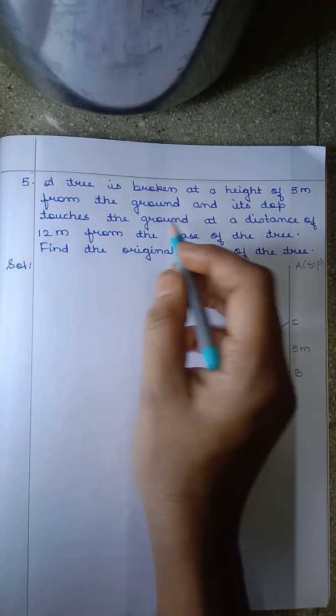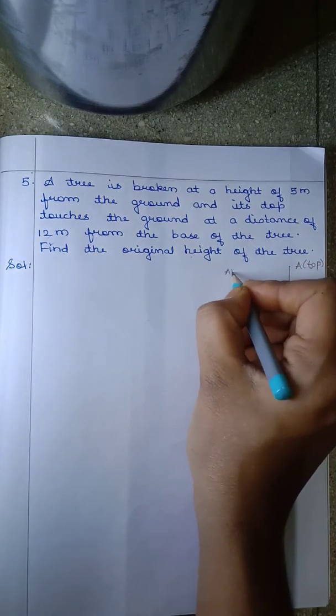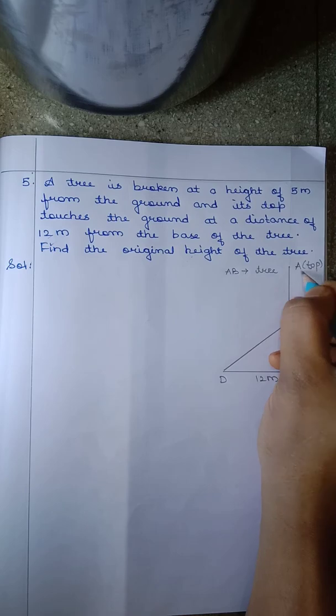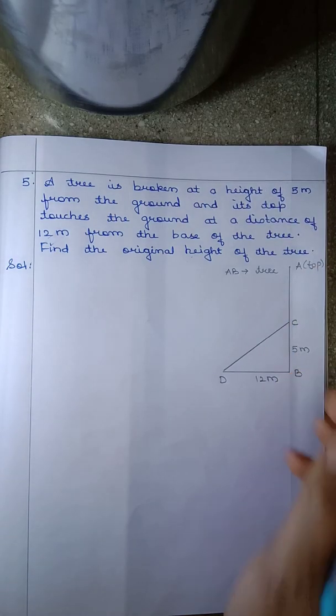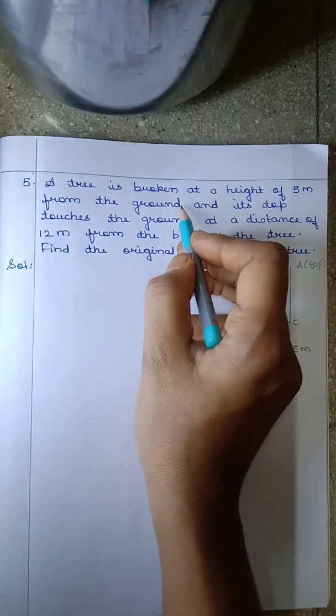So let us take AB as the tree. I have taken AB as the tree here. AB represents the tree, children. A is the top of the tree and B is the base of the tree. The tree is broken at a height of 5 meter from the ground.